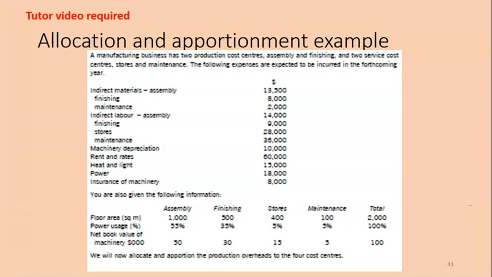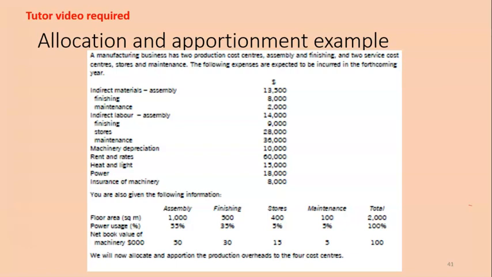We've got indirect materials, assembly 13,500, finishing 8,000, maintenance 2,000, indirect labor, assembly 14,000, finishing 9,000, stores 20,000, maintenance 36,000, machinery depreciation 10,000, rent and rates 60,000, heat and light 15,000, power 18,000, insurance of machinery 8,000.